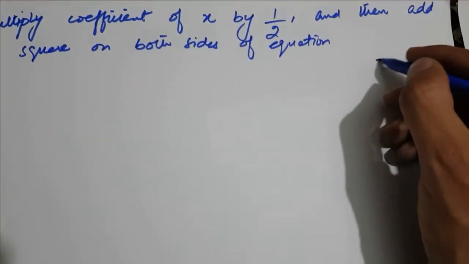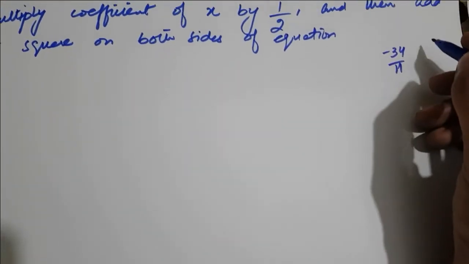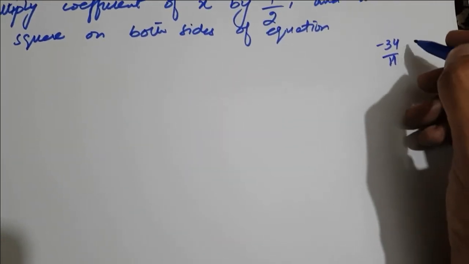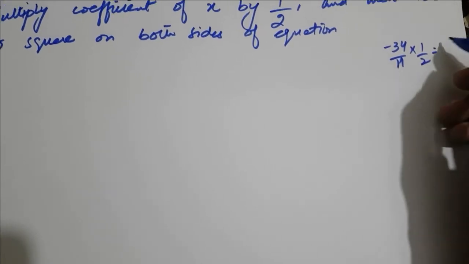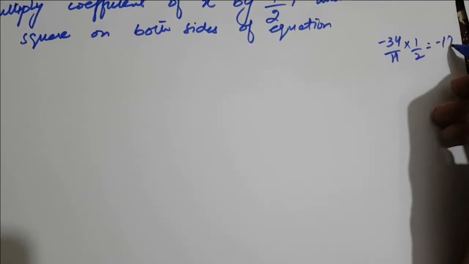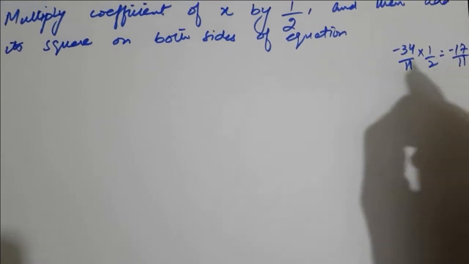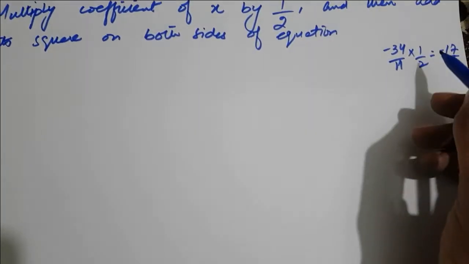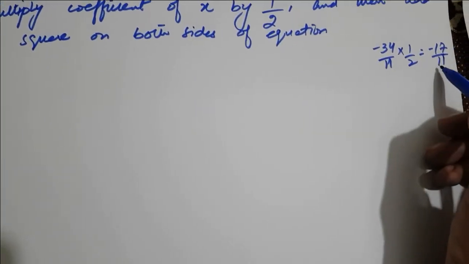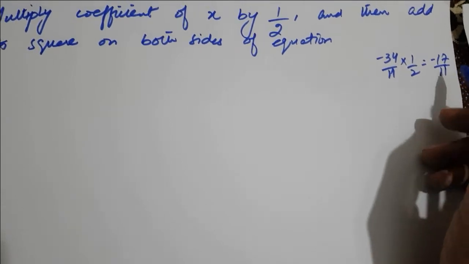That is minus 34 by 11, which was the coefficient of x. We multiply it by 1 over 2 and we get minus 17 over 11. Now we will be adding the square of this term on both sides.